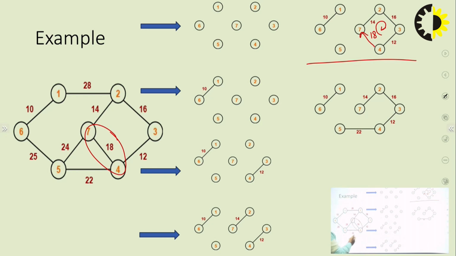After 18, I can see this 22 has the minimum weight. So I can choose this one, 22, right? So 18 is rejected, and after that the minimum weighted edge is 22. I selected this 22, and the 18 edge which makes a cycle, I rejected.